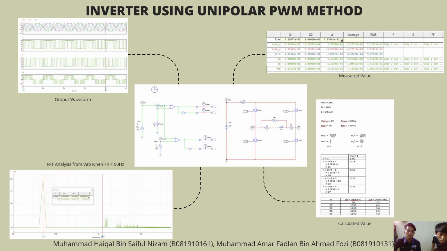For example, for Fn 50, the calculated value is 20 and the measured value is also 20. And for Fn 1350, the calculated value is 4.2 and the measured value we also get is 4.2. So that means the calculated and measured values tally.